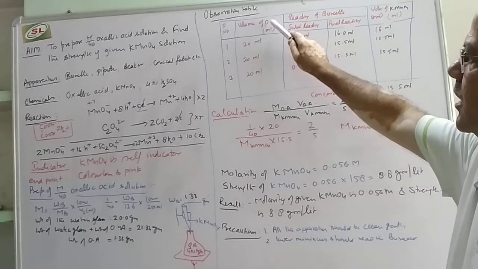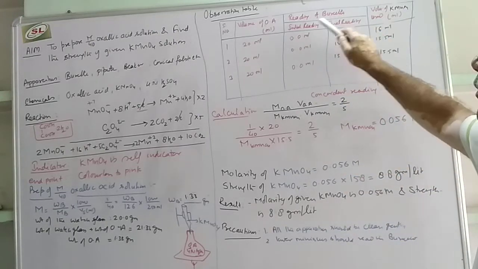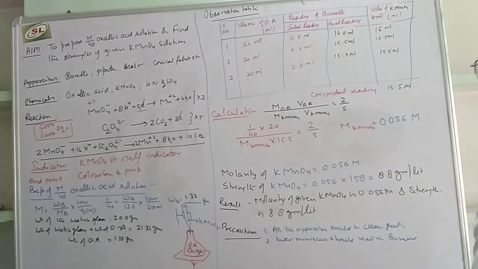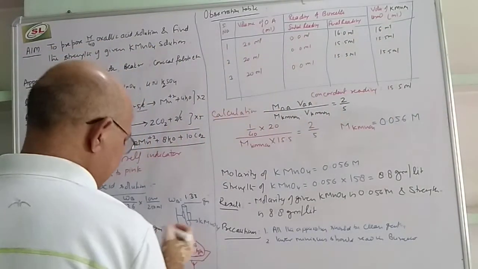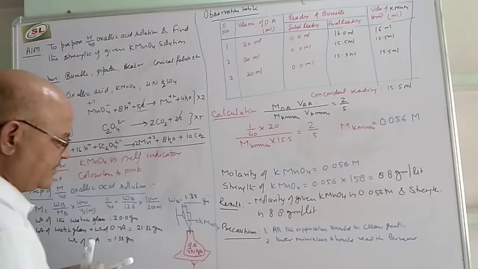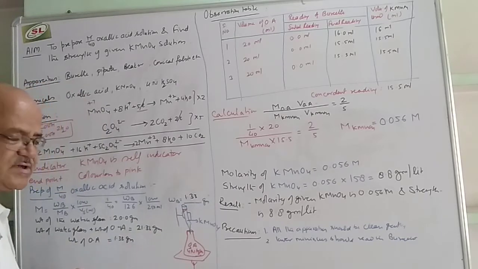Volume of the oxalic acid is measured by pipette or by another burette. Here is the reading of burette. Reading of burette should be taken at the upper meniscus, because KMnO4 is colored. This is the upper meniscus.